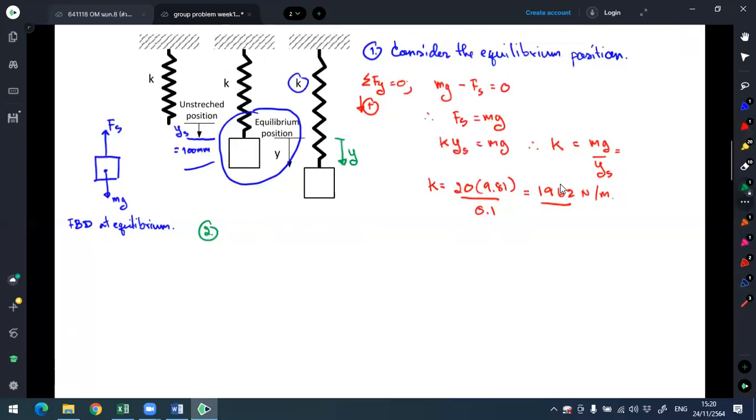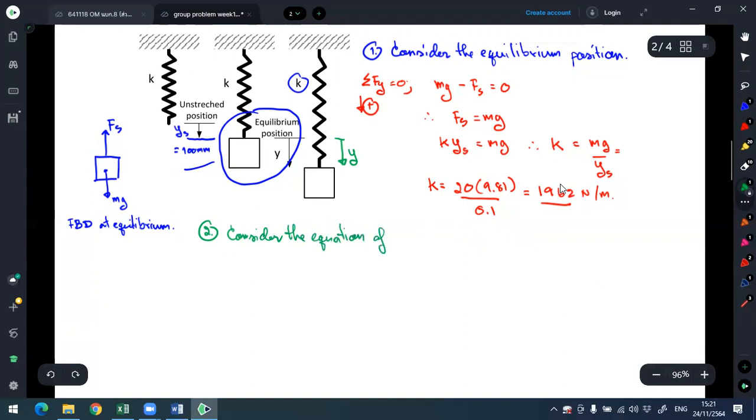So then we consider the equation of motion at the displaced state.